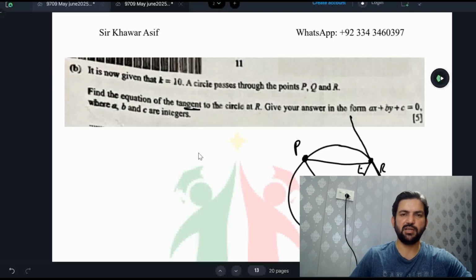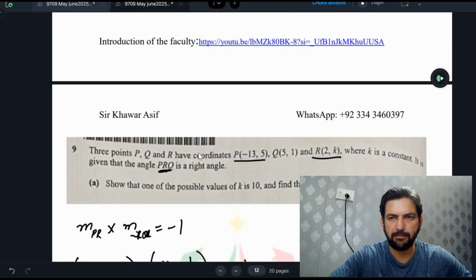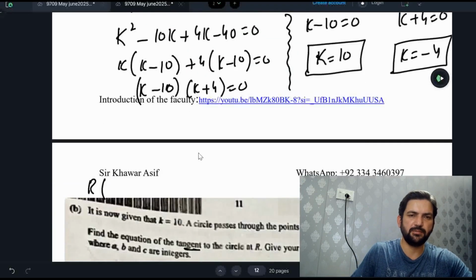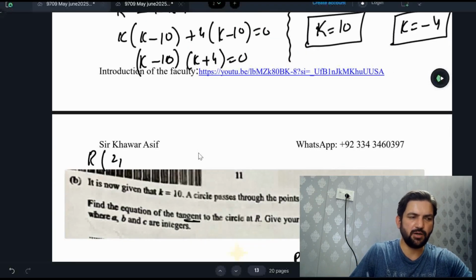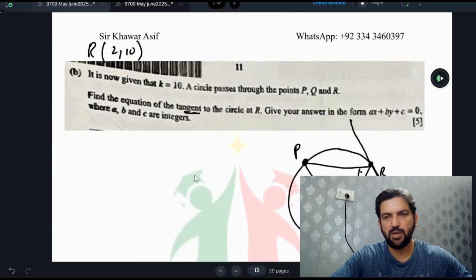So first of all we have to see the coordinates of R. So R is 2 and K, which means 2 and 10. Now we have to find out the gradient of this line. Now how can we find the gradient?